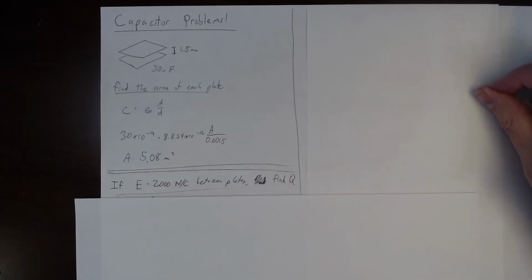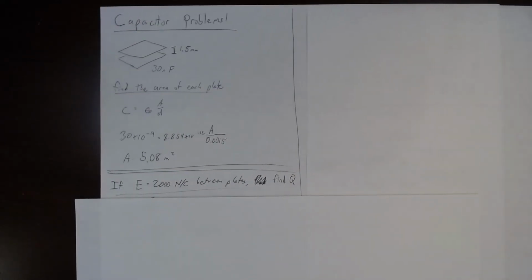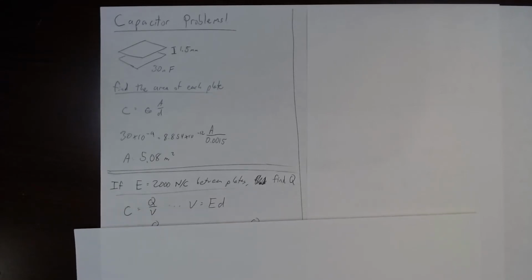Well, what if the electric field between the plates is 2,000 newtons per coulomb? Can we find Q from that? Think about what equation or equations we might need to use for this. Okay. What if we go back to our old favorite, C is equal to Q over V?